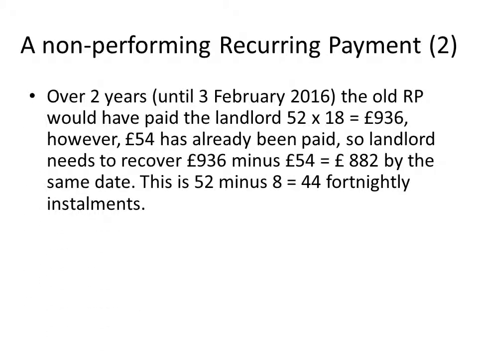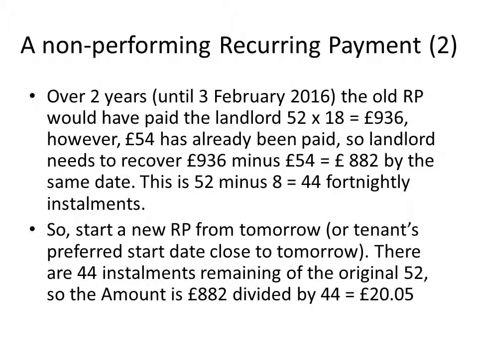Over 2 years until the assumed end date, the old recurring payment would have paid the landlord 52 lots of £18, a total of £936. However, £54 has already been paid, so the landlord needs to recover £936 minus the £54, a total of £882 by the same date. The number of payments remaining is 52 minus 8, that's 44 fortnightly payments remaining.